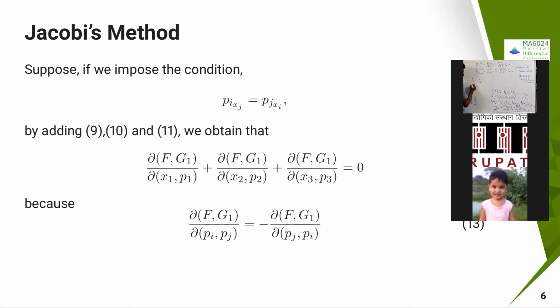That means I'm going to assume that ∂p1/∂x1 is ∂p1/∂x1 for sure. Now ∂p1/∂x2, if I put it, is going to be ∂p2/∂x1. So I assume ∂p1/∂x2 equals ∂p2/∂x1. Similarly, ∂p1/∂x3 equals ∂p3/∂x1. This assumption I'm going to make.